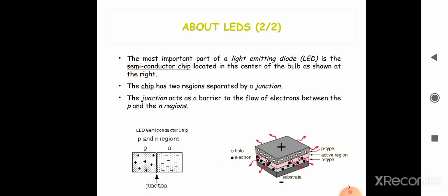So they have to cross some barrier, or you can say the depletion layer, between these two bands. The electrons will jump from the valence band to the conduction band, and after returning from the conduction band, it will release the light inside the LED.